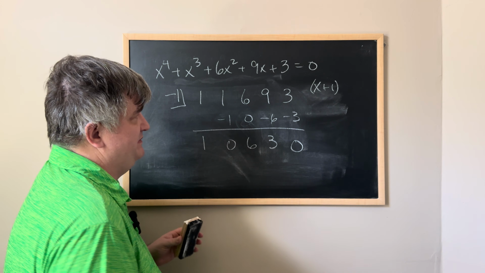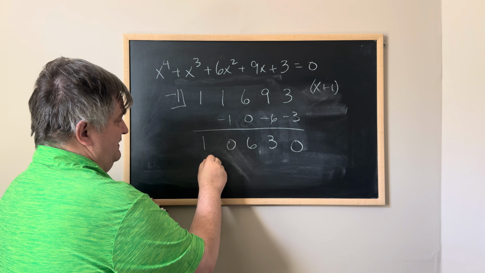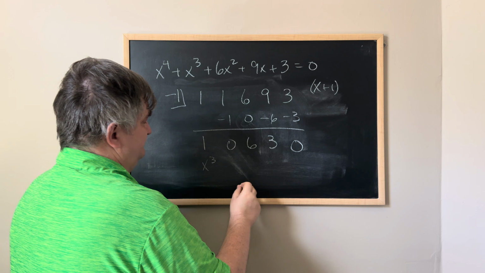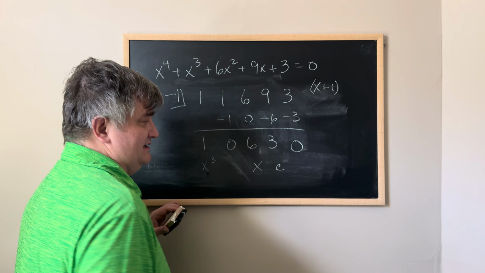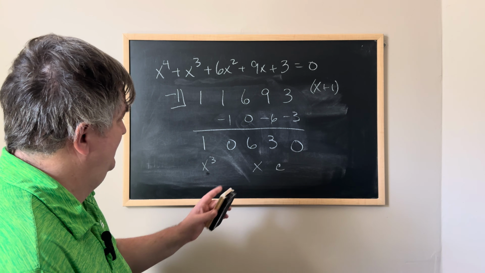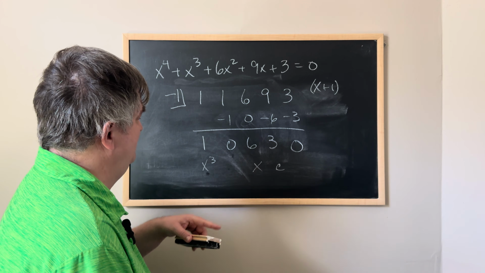But what do these numbers mean? They are your coefficients. So you drop one coefficient. This is your x cubed term, that's your x term, and this is your constant. We have no x squared here, it's 0. So let's rewrite this.